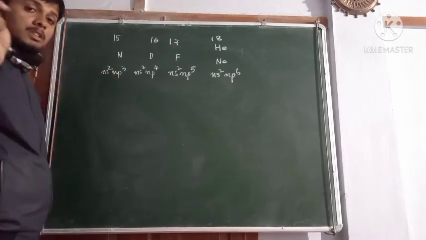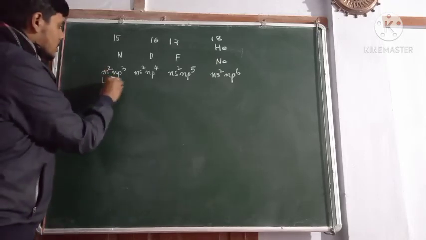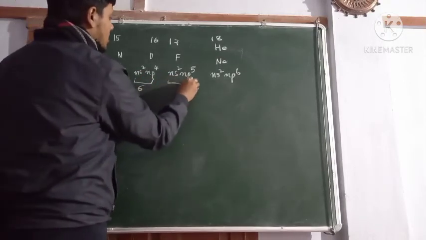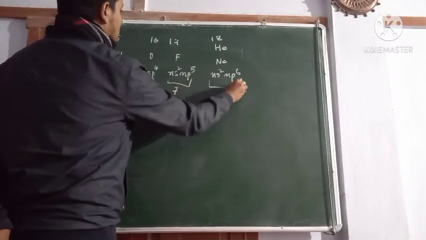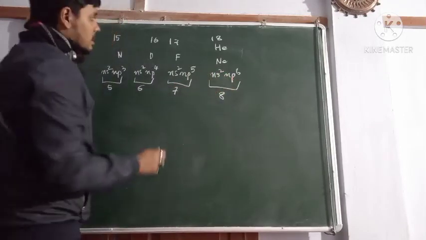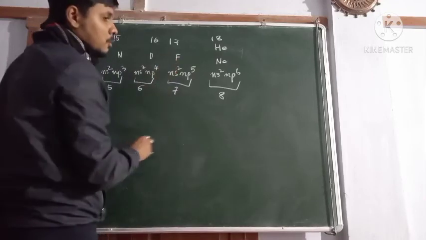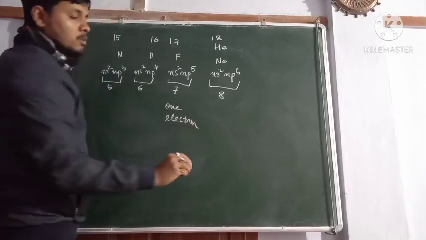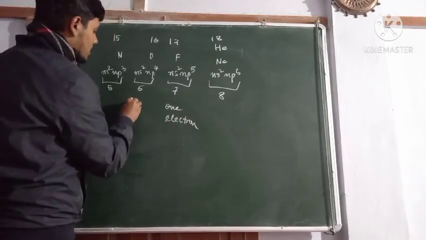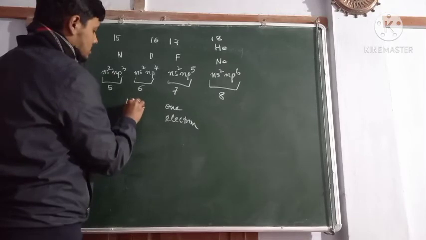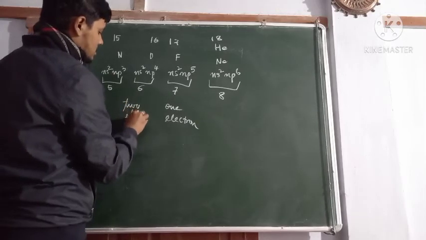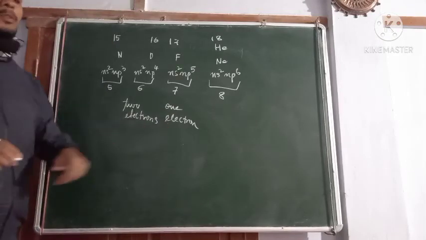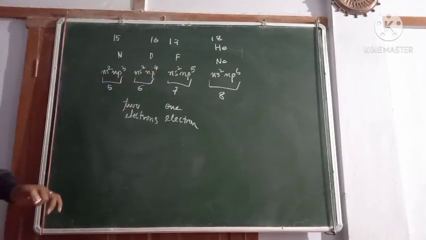So there are 5 electrons in the outermost shell, 6 in the outermost shell, 7, and 8. That means complete octet. That means the fluorine group will require 1 electron for octet completion, and the oxygen group will require 2 electrons. So 2 electrons and 1 electron respectively for completion of their octet.